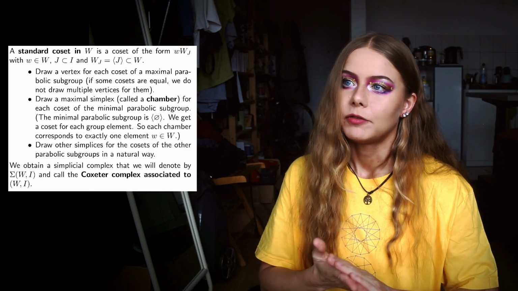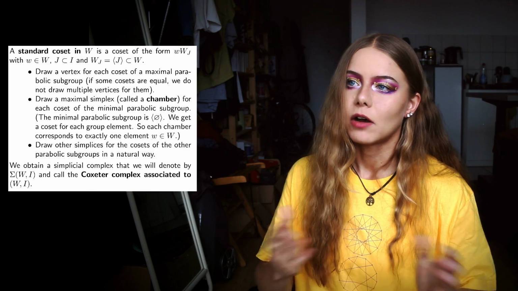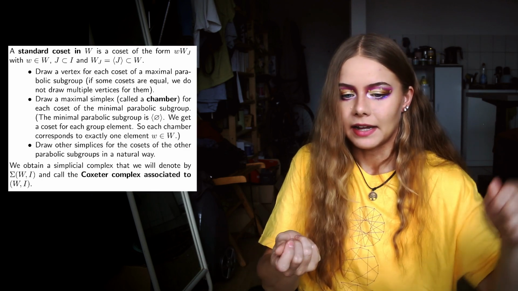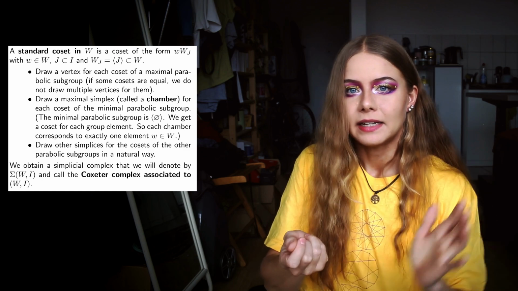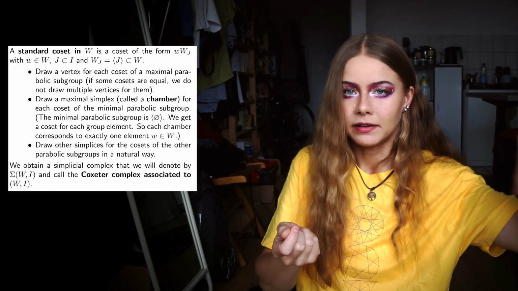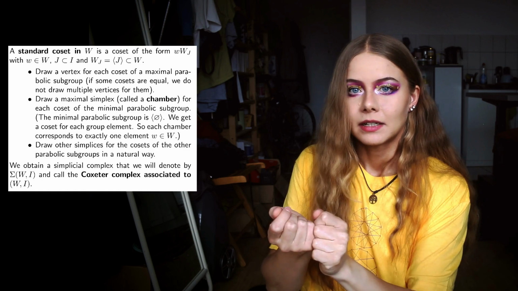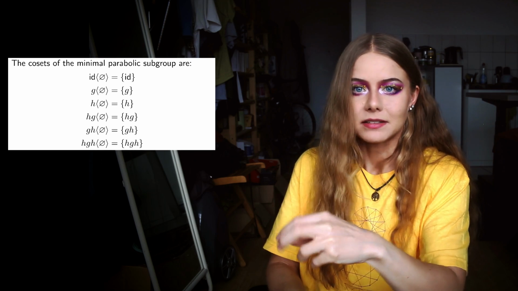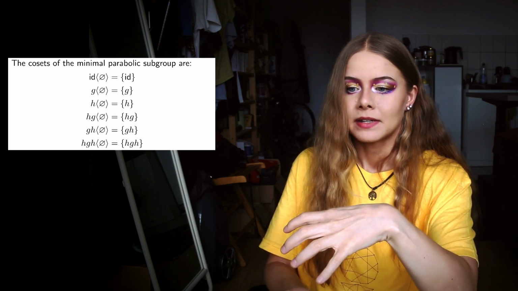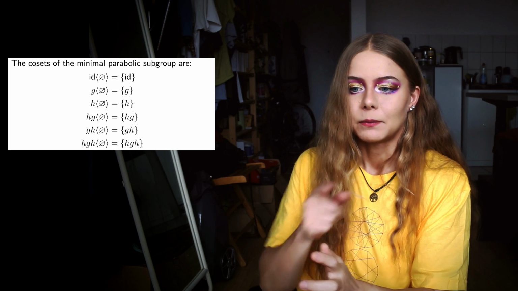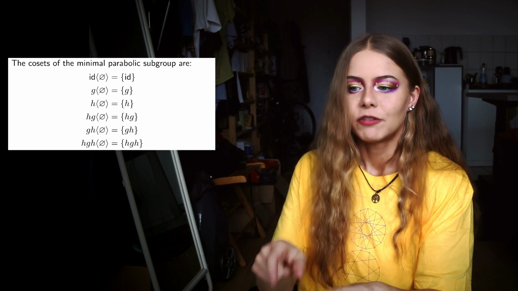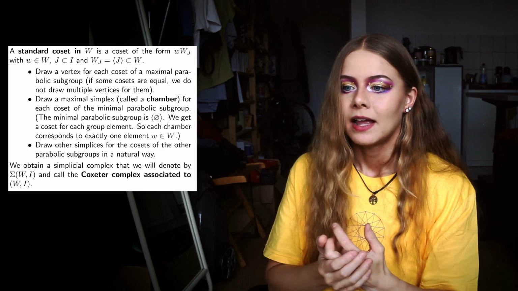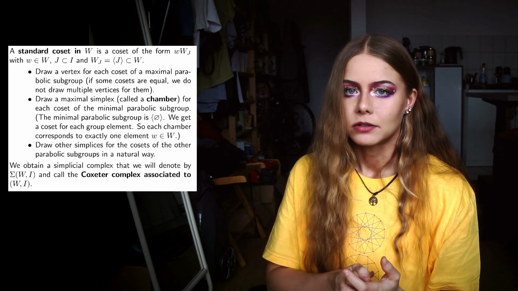And now if you think about what the cosets of the minimal parabolic subgroup are, you have just the identity, and then you can multiply each group element in the initial group once, and then you just obtain exactly the group elements of the initial Coxeter group again, which means that we draw a maximal simplex for each group element in our initial Coxeter group, basically. The maximal simplices we also call chambers.